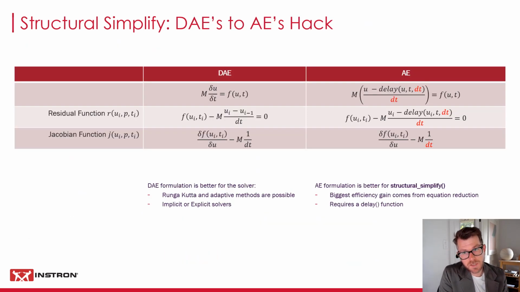One additional key discovery that I made related to model simplification is what I call the algebraic equation hack. What I'm showing here in this first column is the details of solving a differential algebraic equation, a DAE form problem. So we have a mass matrix and the residual and the Jacobian forms of the system, which are used in the Newton iterations to solve u sub i for each time step.